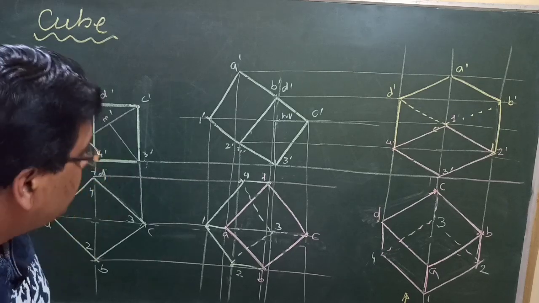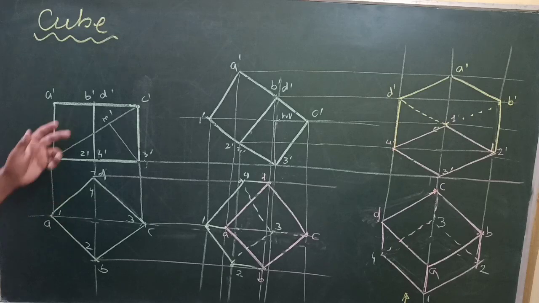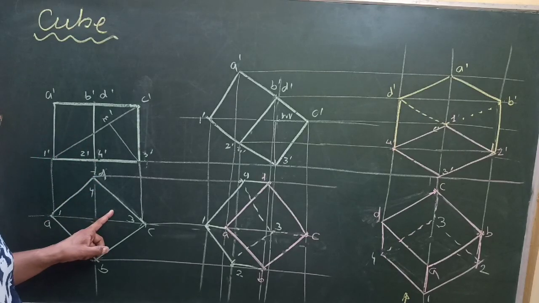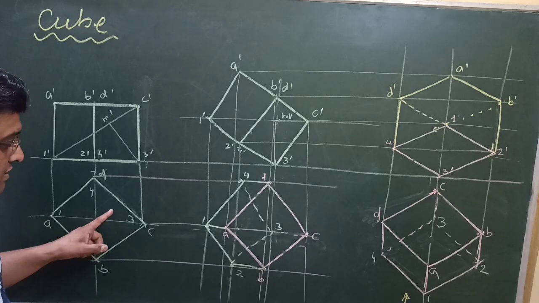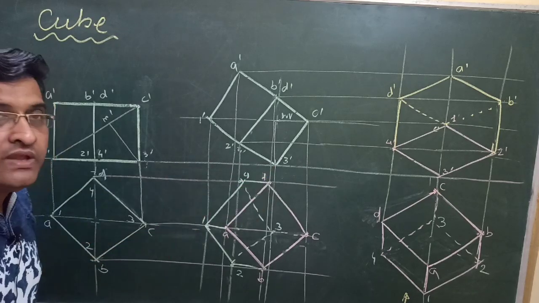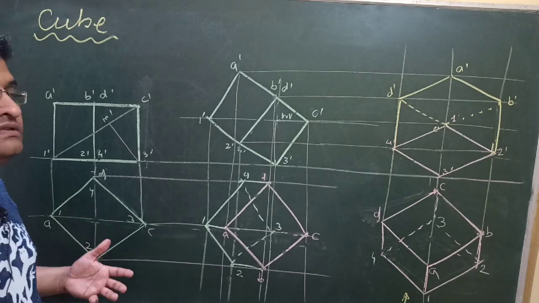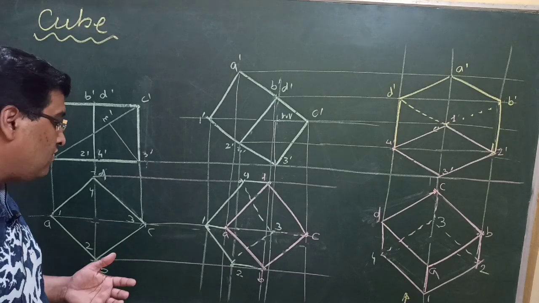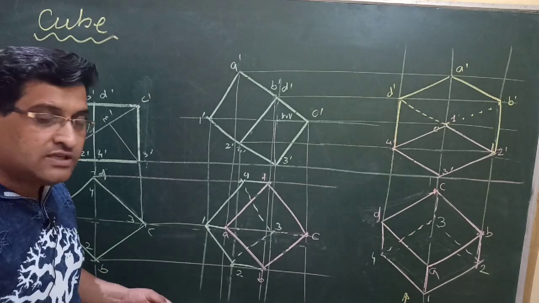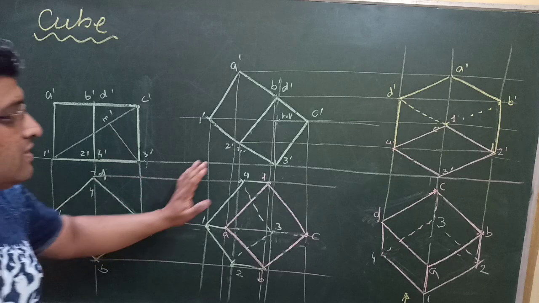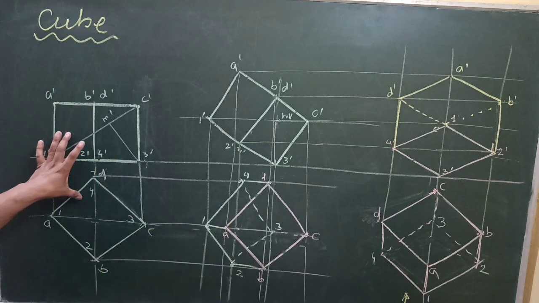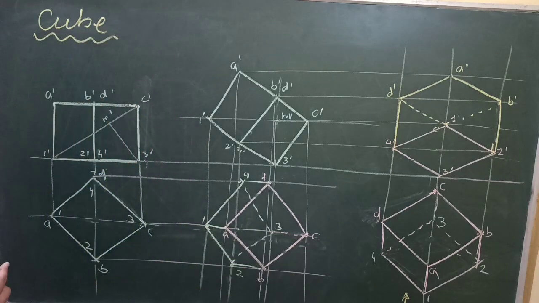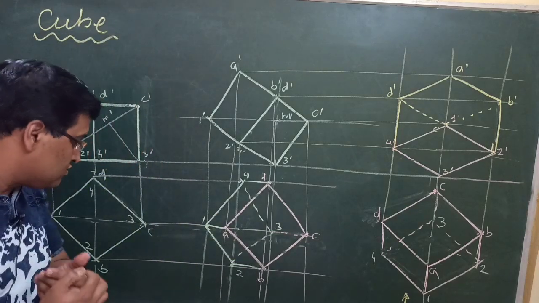As far as the projections are concerned, the first two diagrams may be drawn in this manner, where the top view must be drawn in the position in which the corner will be on the HP. This also we have discussed in types of solids and some previous videos. I will provide links for those videos in the description section. I have already discussed types of solids, initial position and some problems of projections of solids in previous videos.